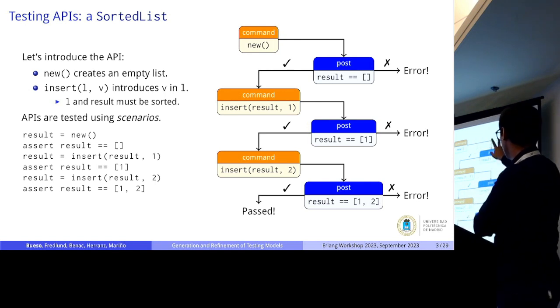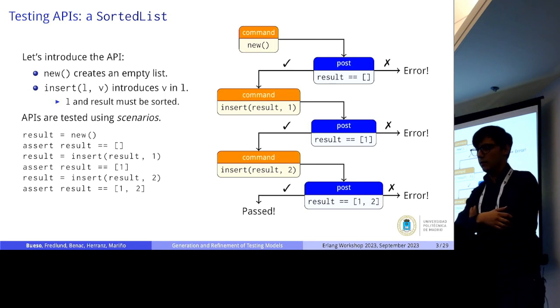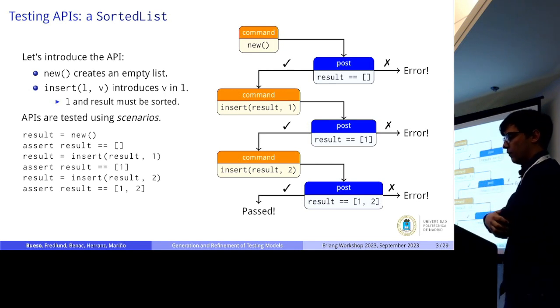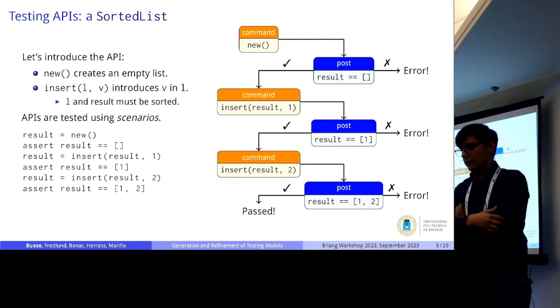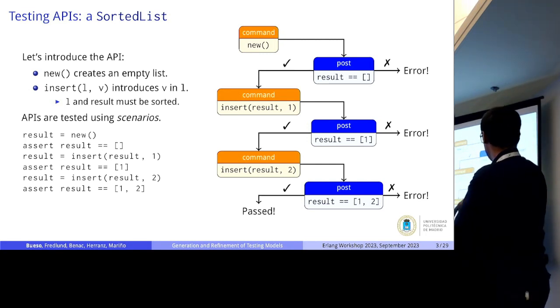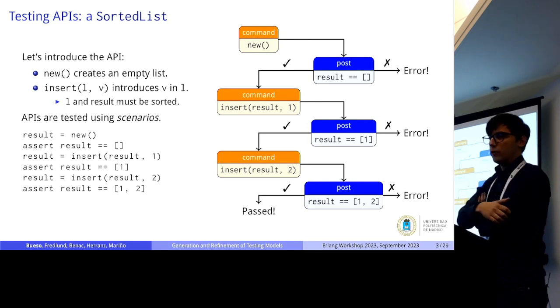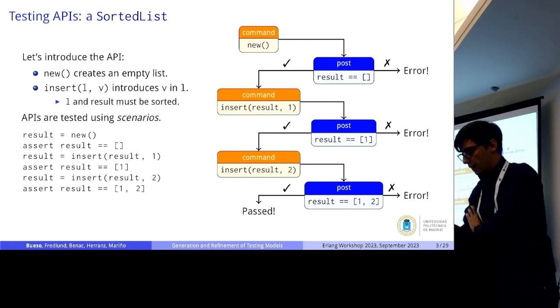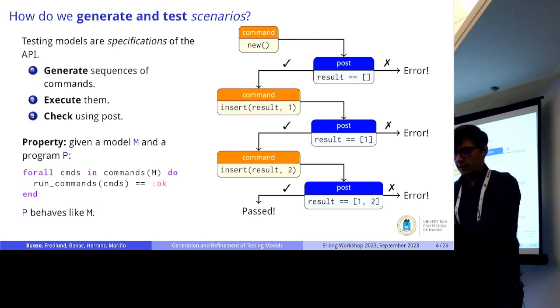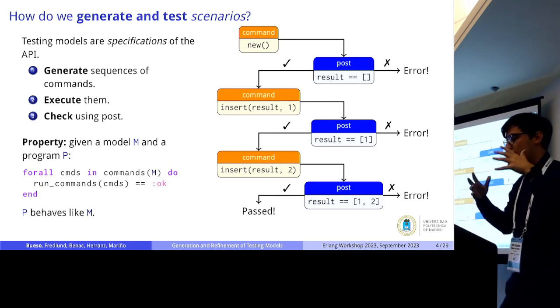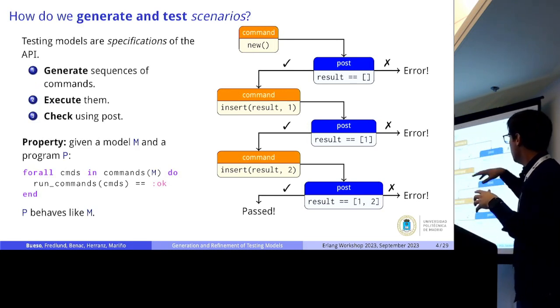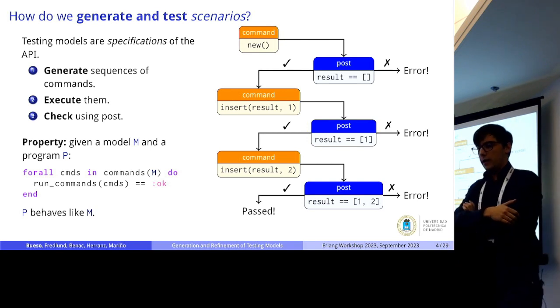Here I made a figure with the graphical representation of the execution of one of these tests. We have these three commands, and after the execution of each command, we will check some postcondition, some predicate. So how do we generate this kind of scenarios and test these APIs?